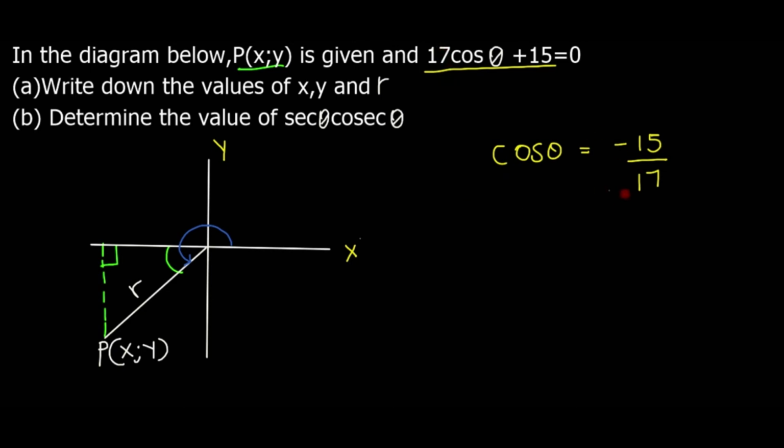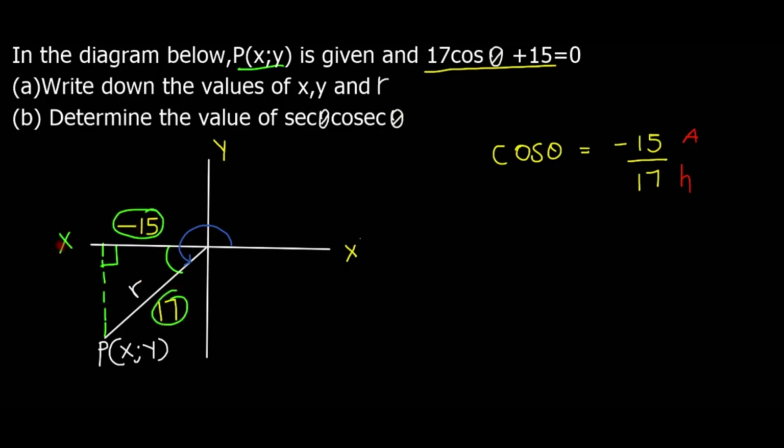So now you have a ratio. We know that cos theta is adjacent over hypotenuse. This means your adjacent will be negative 15, and your hypotenuse will be 17. So you determine the value of x, which is this one, and the value of r, which is this one.